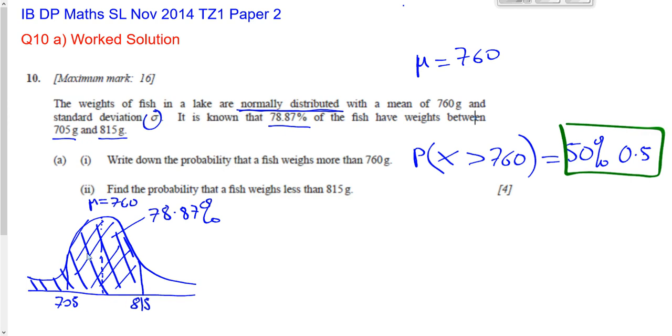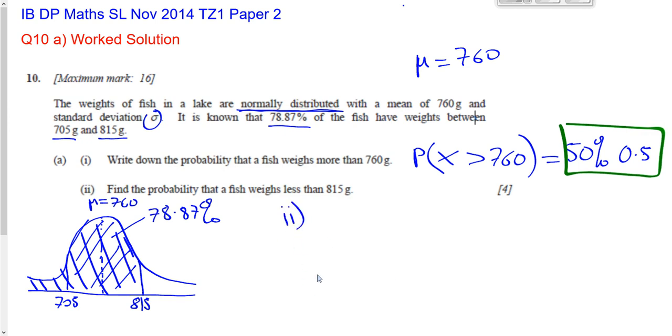Going from 760 to 815 is the same as between 705 and 760. So what's left on either end is going to be equal. So what's the leftover from this? We'll go part 2 here.